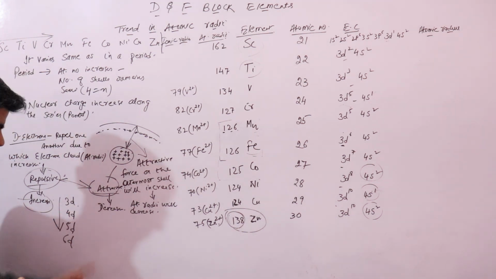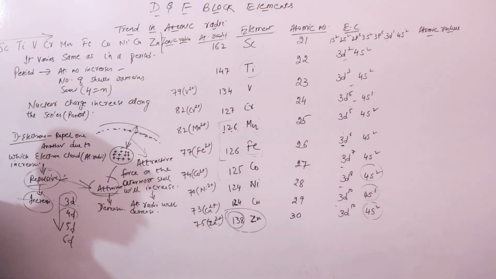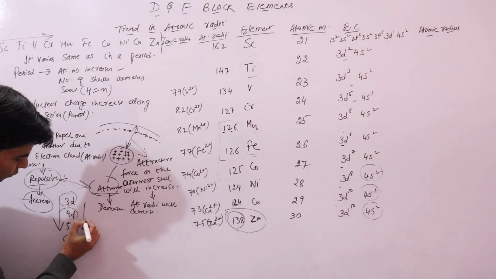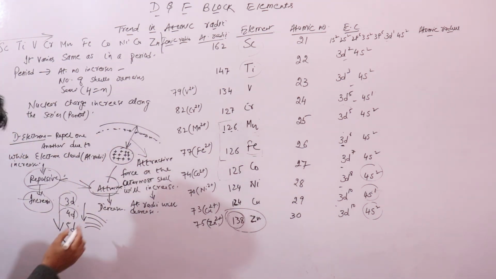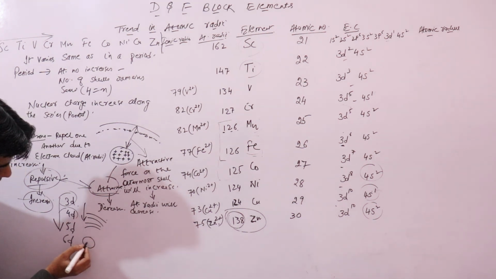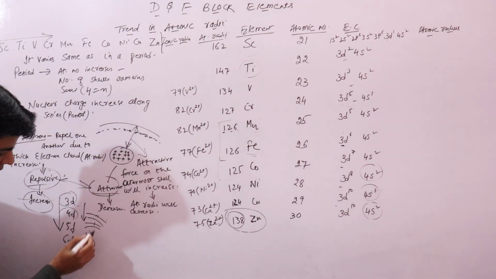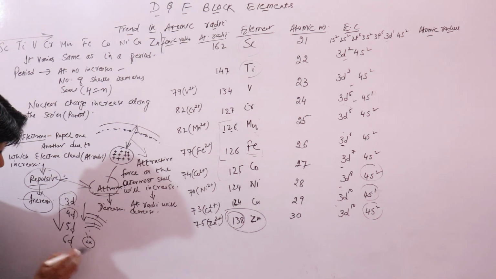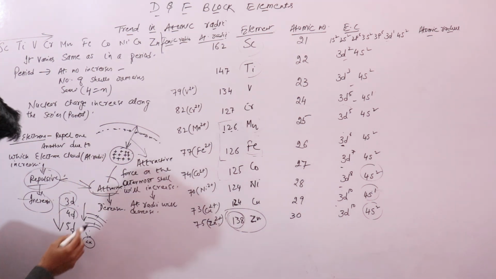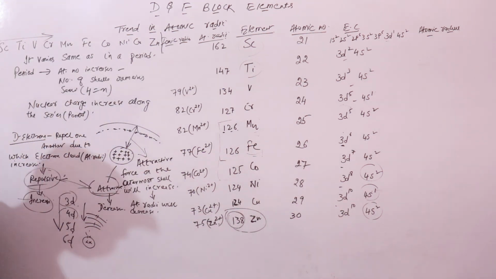We know that as you move down, the number of shells will keep on increasing, so the distance from the nucleus will keep on increasing and the attractive force will keep on decreasing. The electrons will go farther and farther away from the nucleus, so your atomic radii will increase. So from the third to the fourth transition series, your atomic radii will increase.